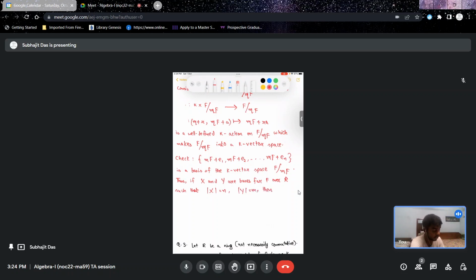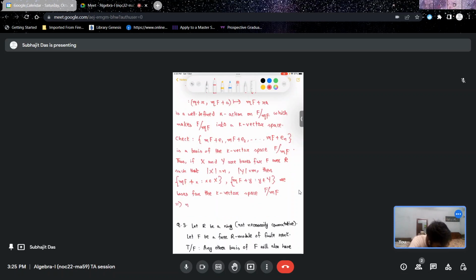Then the set of MF plus x, such that x is in X, and the set of MF plus y, such that y is in Y, are bases for the K vector space F mod MF, okay, which implies that n, which is the cardinality of the set MF plus x, such that x is in X, is equal to the cardinality of the set MF plus y, such that y is in Y, which is equal to m, right?